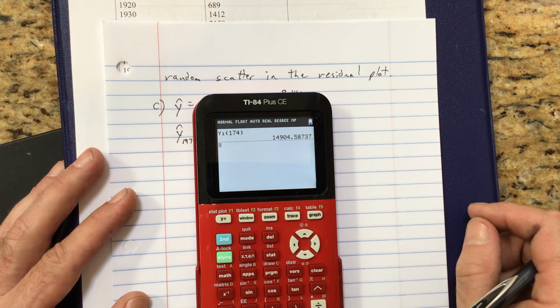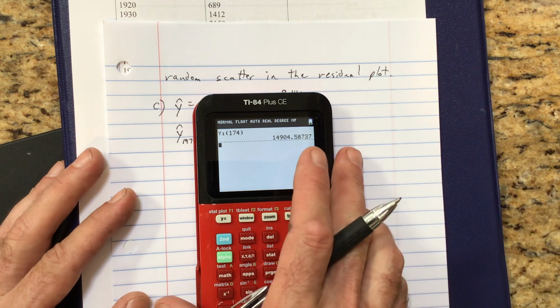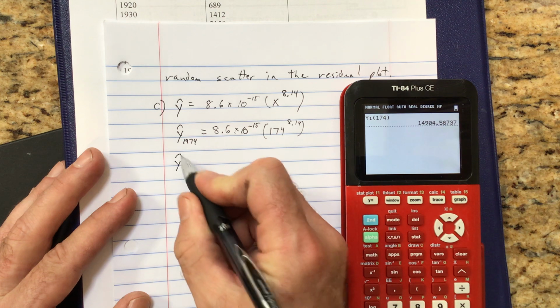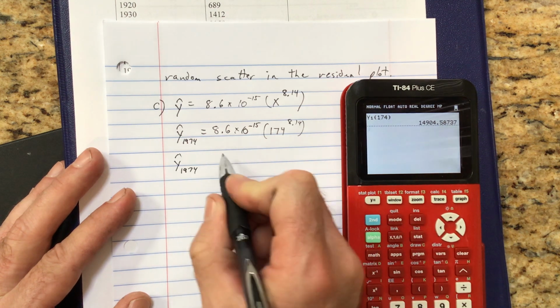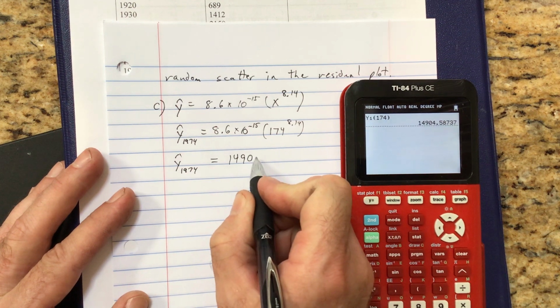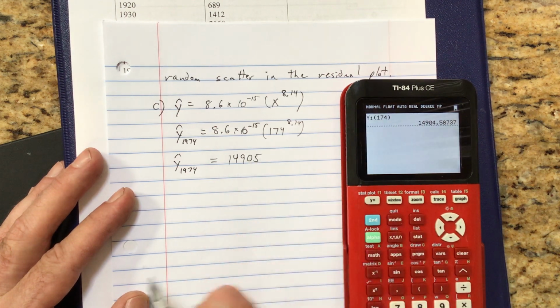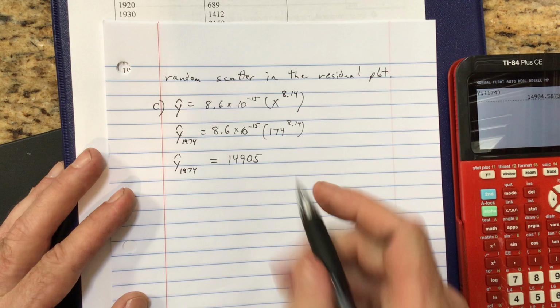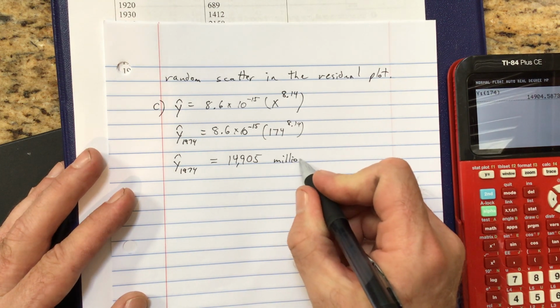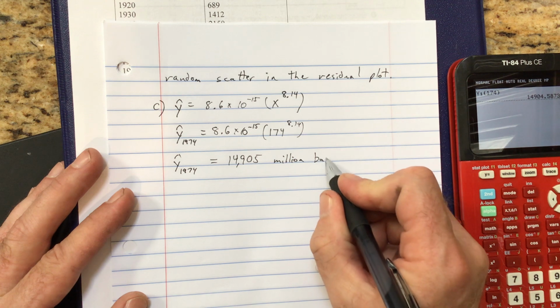All right, so there's my prediction. I guess round that off to this, and this is again million barrels.